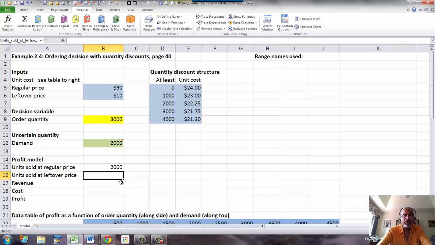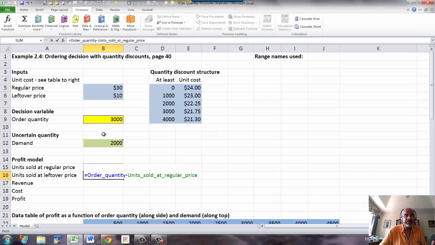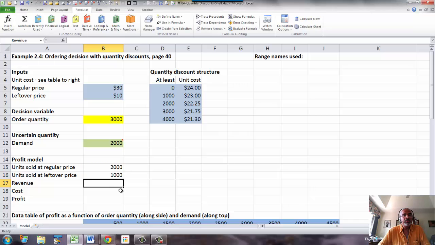Now units sold at leftover price is order quantity, that's what you will have in stock, minus sales. Not minus demand, minus sales, how much you will actually sell. That difference will give you the units sold at leftover price. Now revenue comes from two places.